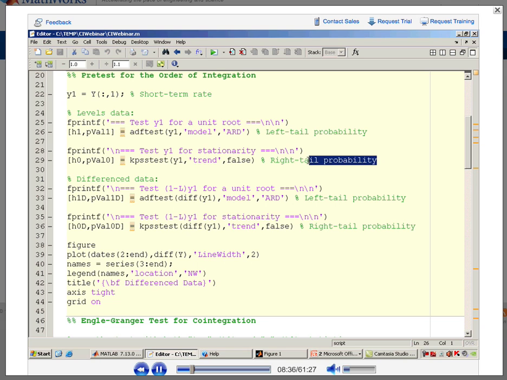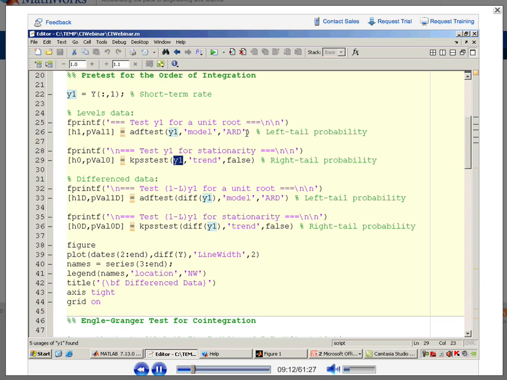And secondly, as kind of an inverse of that, we're going to run a test to see if the data is stationary. When I'm talking about a unit root test or a stationarity test, I'm talking about the null hypothesis for this test. So for each of these tests, here we have an augmented Dickey-Fuller test, which is a typical test you would use to test for a unit root. And we're going to put in the levels data y of 1. And then down here we have a KPSS test, which is a typical test for stationarity. And again, we're going to put in the levels data y of 1.